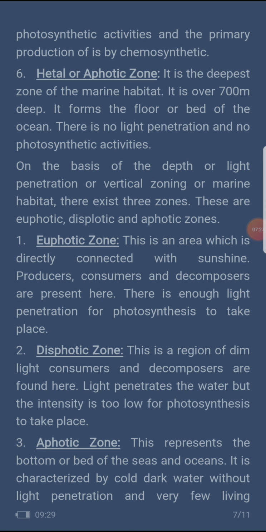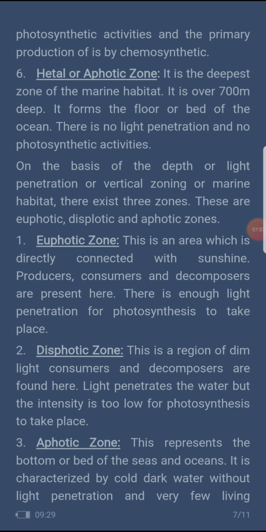And there exist three zones: we have the euphotic zone, dysphotic zone, and aphotic zone. Now the euphotic zone is the area which is directly connected with sunshine.